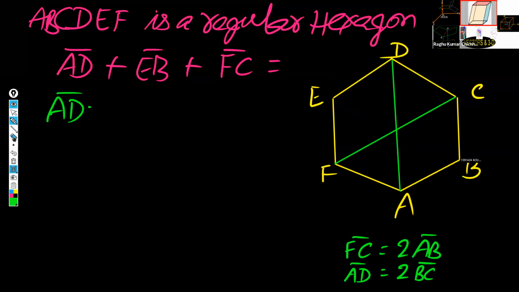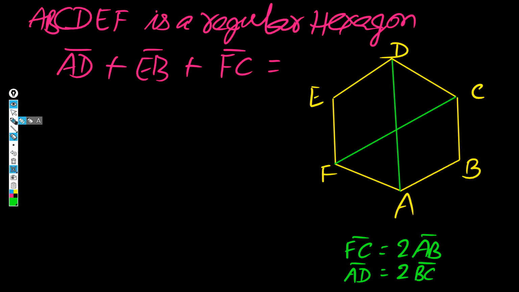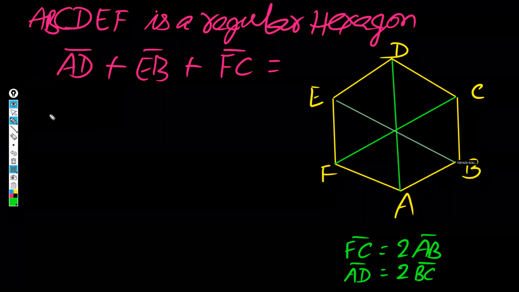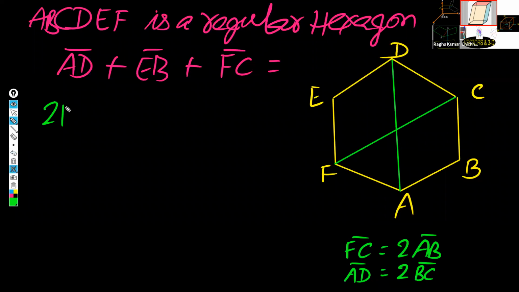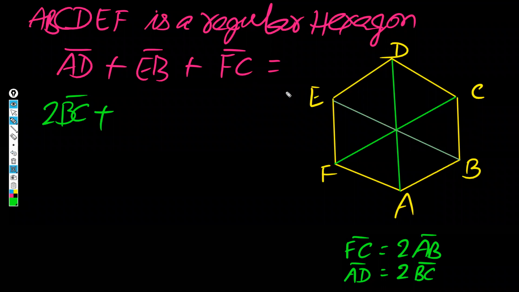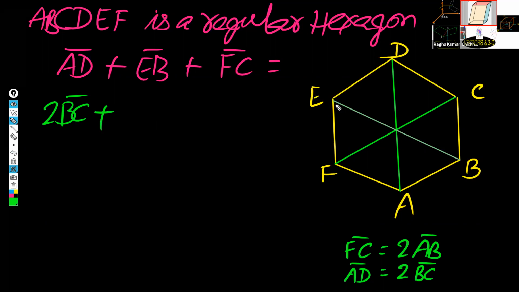AD plus EB plus FC. You tell me now, instead of AD I can write twice BC. Yes, sir. Twice BC plus EB, please, EB. Twice CD, sir. Twice DC. You should not change the direction. DC.